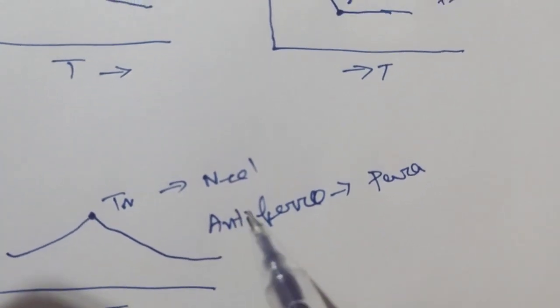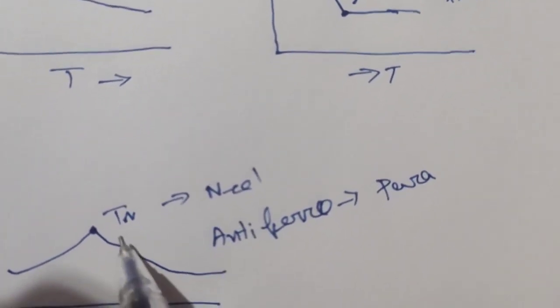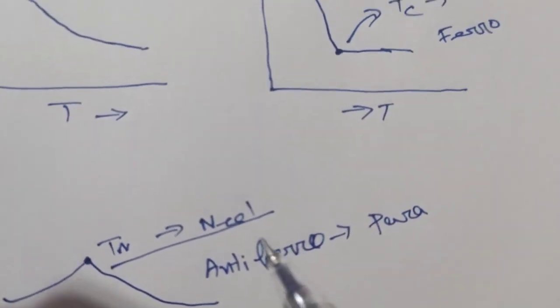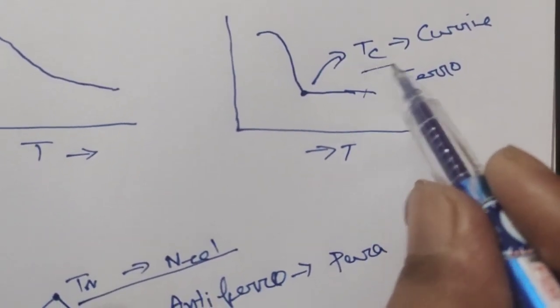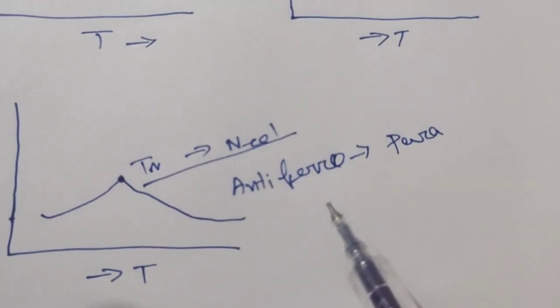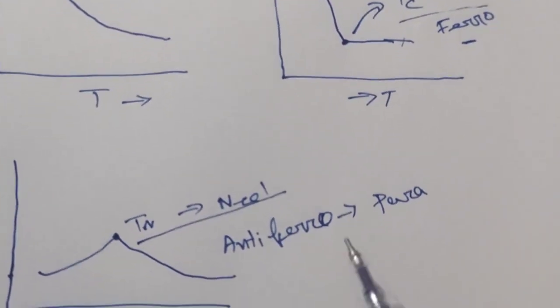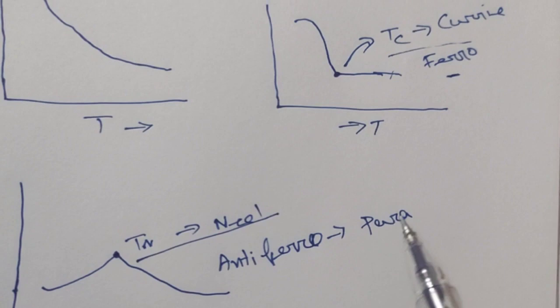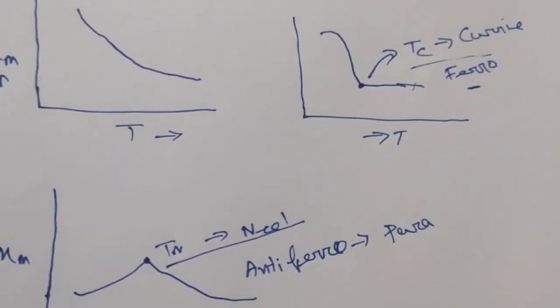So you need to remember these two points. This is very important: the Neel temperature and the Curie temperature. Curie is for ferromagnetic and Neel temperature is for antiferromagnetic. Both get converted to paramagnetic compounds after these points.